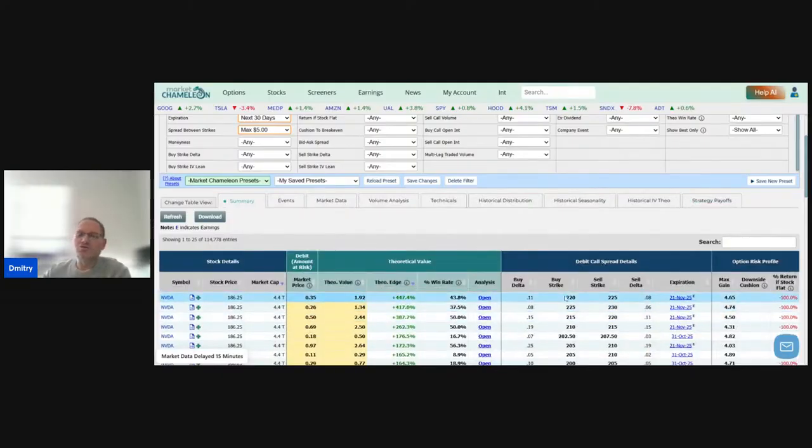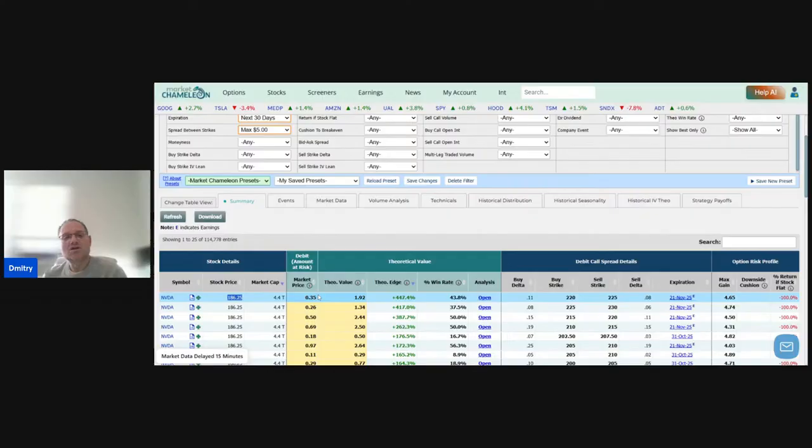For this call spread to fully maximize the payoff, the stock would have to go above $225. Then this call spread would be worth $5. But the stock's 186 and a quarter, so you've got a long way to go here.